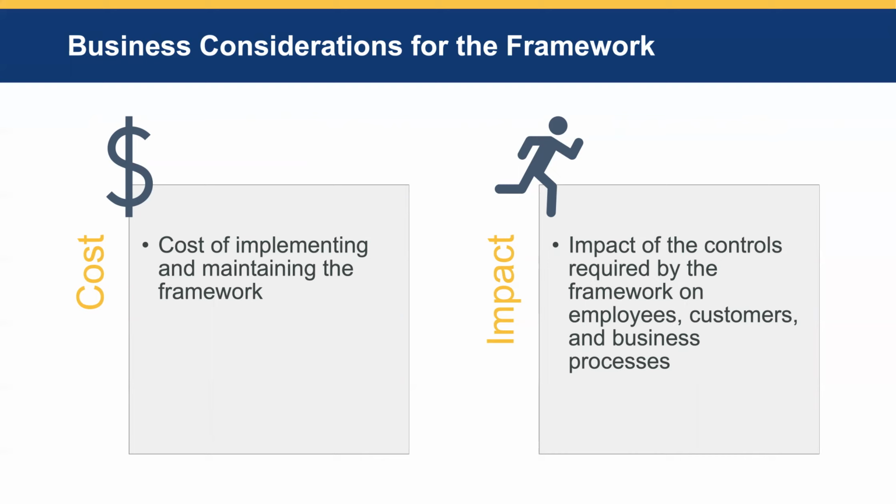The cost is going to be the cost of implementing and maintaining the framework. The impact is going to be the impact of the controls required by the framework for customers, employees, and business process units. So it's important that we create a policy framework that helps to manage these types of expenses.